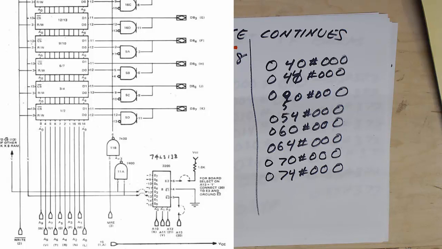So what that means is that while this board may reserve 8K, it actually only uses the 1K blocks that are defined by the outputs of this 74138. So that's obviously good news because rather than tying up the entire 8K, it's actually only going to be utilizing the two 1K blocks that are reserved for the two 1K banks.